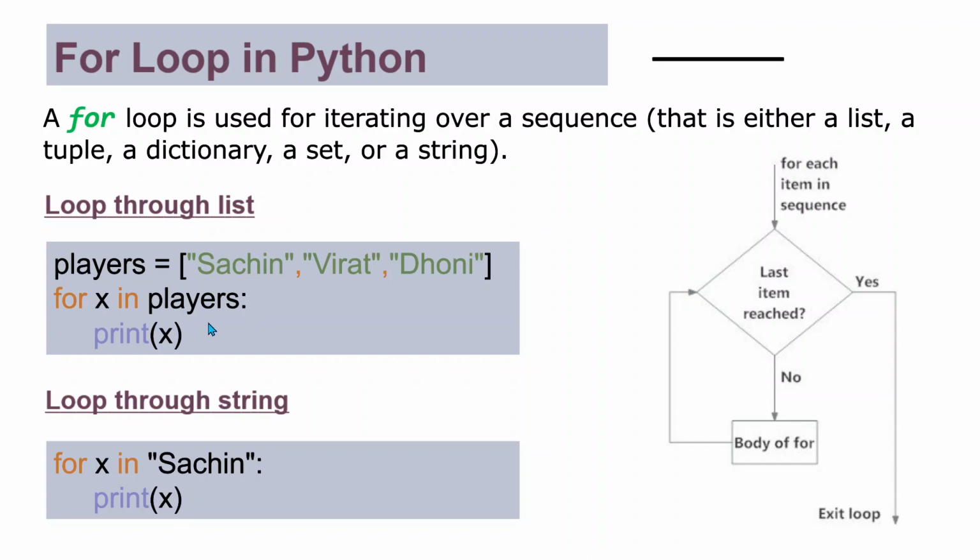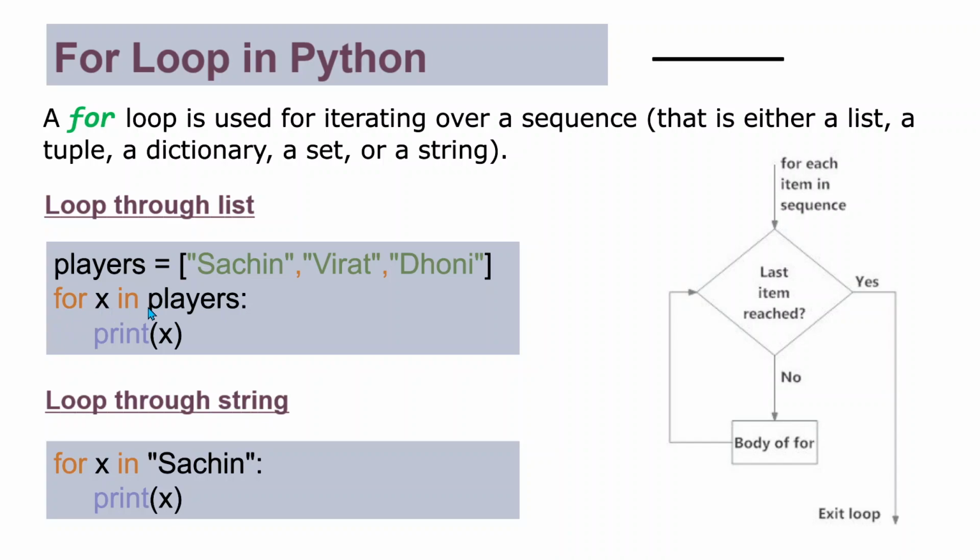If you look at this particular example, this is the generic syntax that we would use. Here I am just looping through a list: for x in players, where players is my list. I have players called Sachin, Virat, Dhoni. Players is the sequence, which is my iterable, and x is the value.